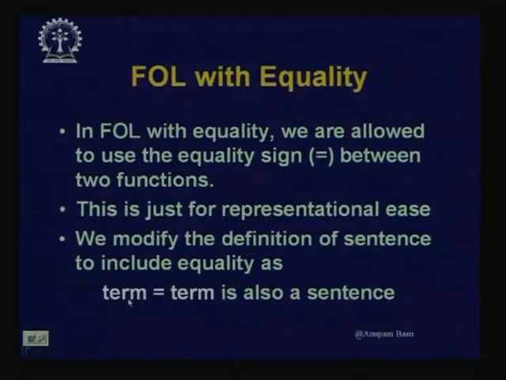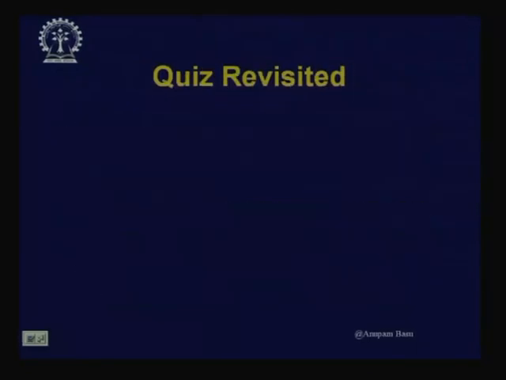So, now we extend this definition as term equals term is also a valid sentence. So, we can now use this equality operator as a part of the first order predicate logic repertoire or the valid operators dictionary.